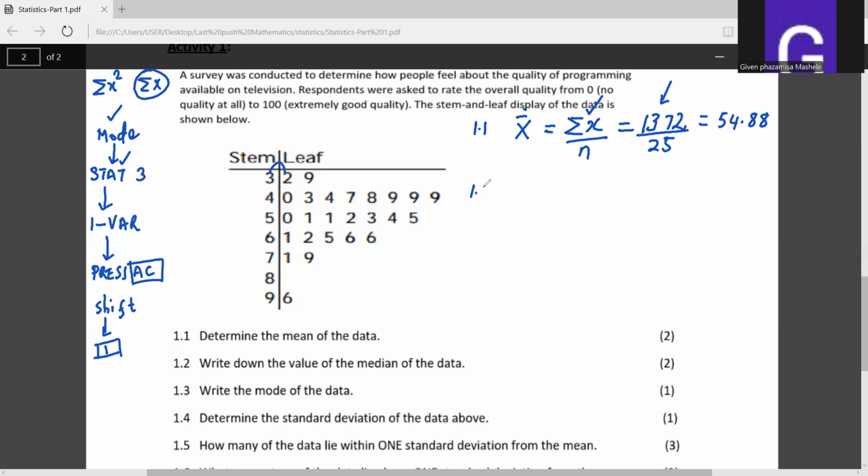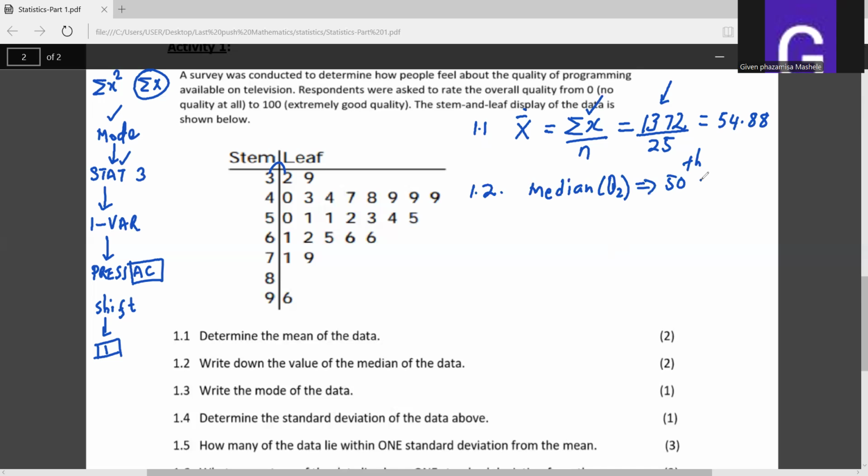Then 1.2 says calculate or write down the value of the median. We know that the median is a quartile. It's actually quartile 2, which in other books we call the 50th percentile.